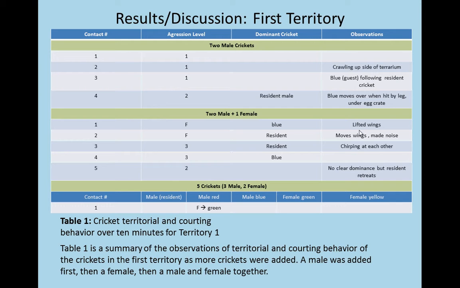When the female was added, aggression became slightly stronger, and also there was courting behavior seen by chirping in the males and following the females. In the last part of the experiment, there wasn't more aggression being shown, but there was one instance of following.